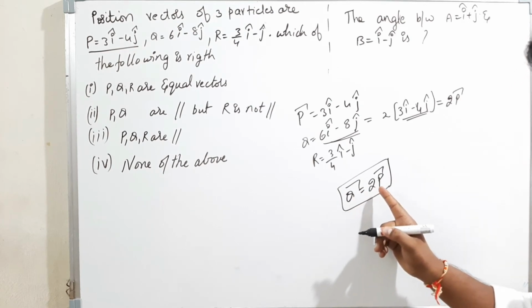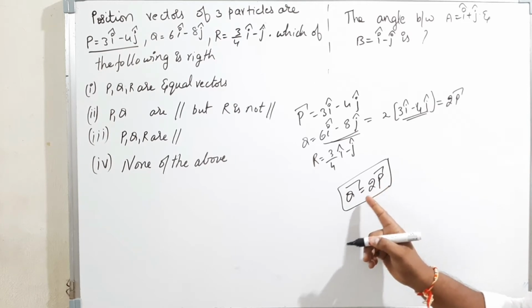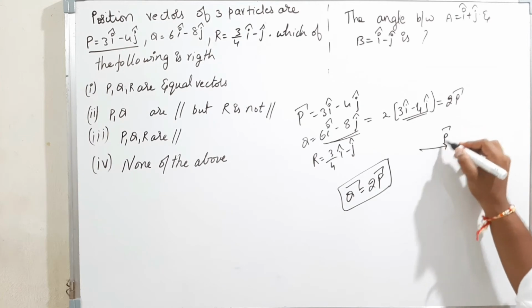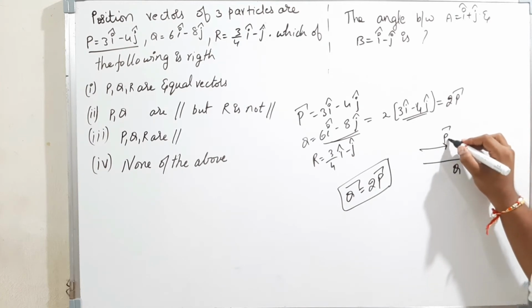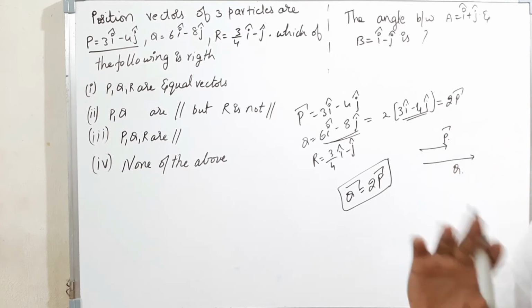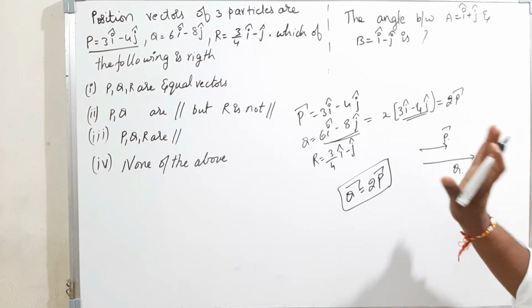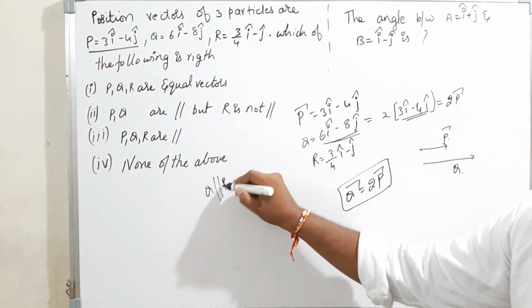I am multiplying the P bar with 2, that means a scalar quantity, then I am getting Q bar. That means this is P and I am multiplying with 2, therefore I am getting this Q. That means the direction of P bar and Q bar is the same. Simply the magnitude is different, but the direction is same. Well and good. Therefore I got Q bar parallel to P bar.